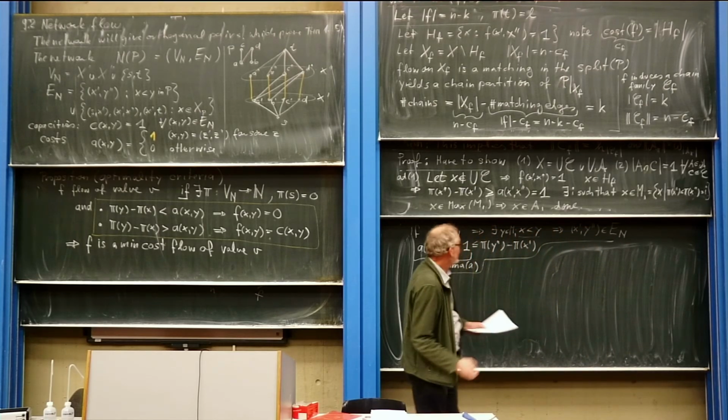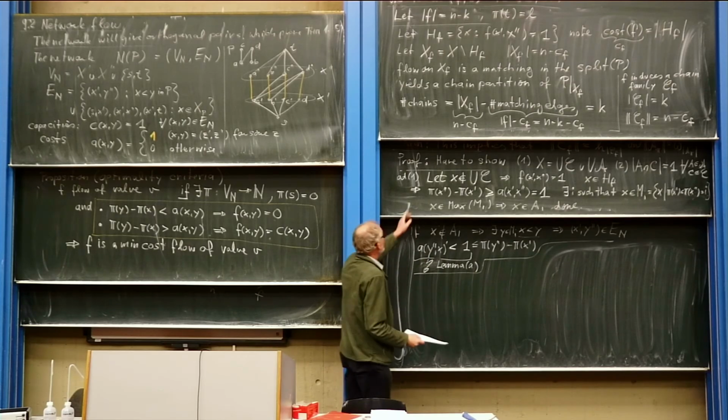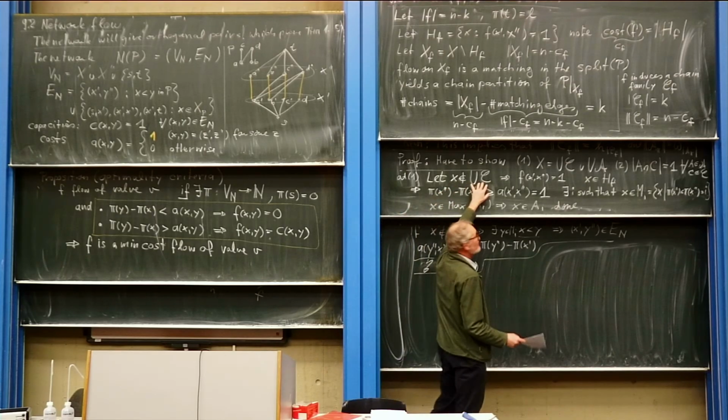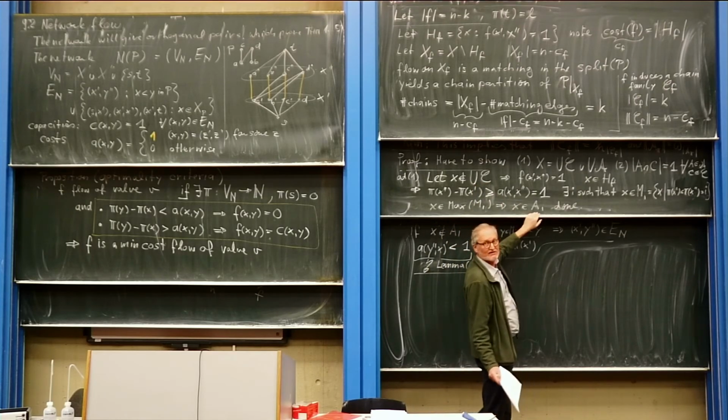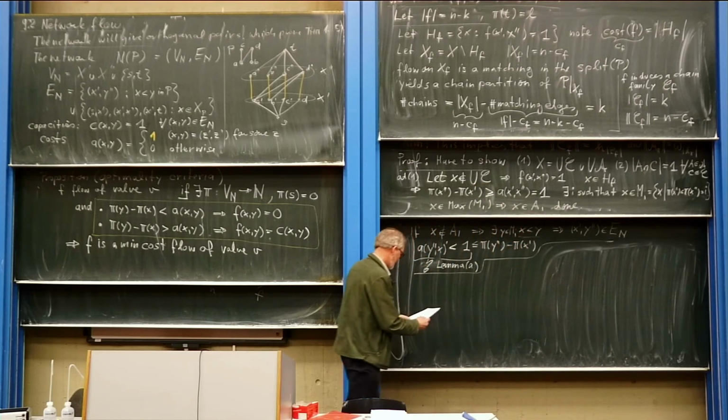Okay, so this proves that if we have something which is not covered by the chain family, then it's in one of the antichains. Good.